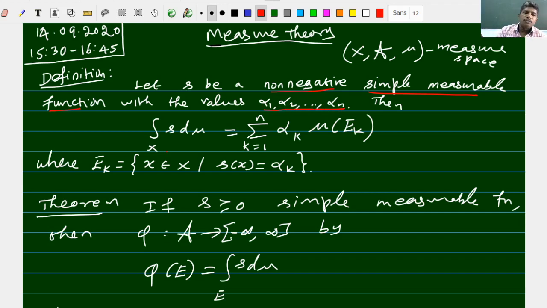The integral of s with respect to mu is defined by the sum of alpha k mu of E k, where E k is the inverse image of alpha k, that is, s inverse of alpha k. This is the definition of the integral of s.